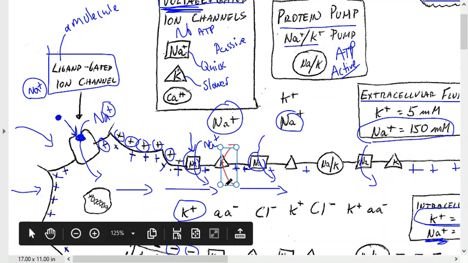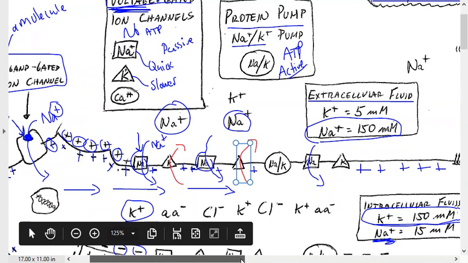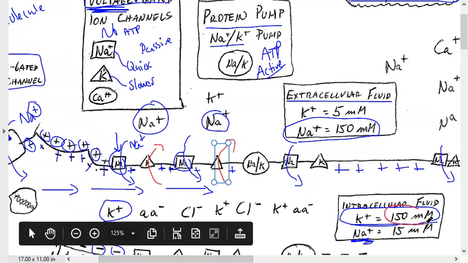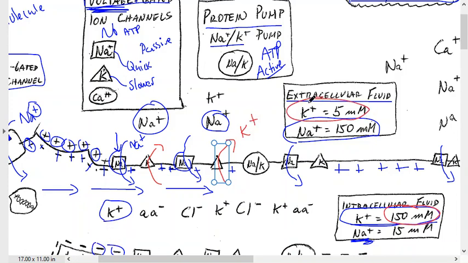So as this change in voltage passes these potassium channels, they open a little bit late. But once they do open, the high concentration of potassium inside the cell diffuses to a lower concentration of potassium outside the cell.